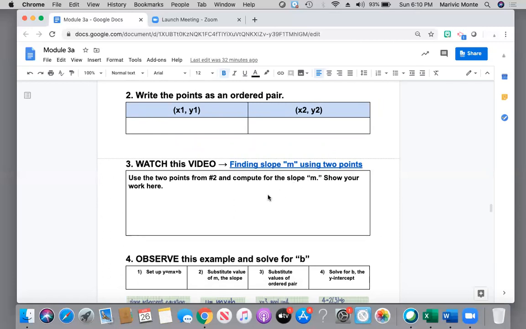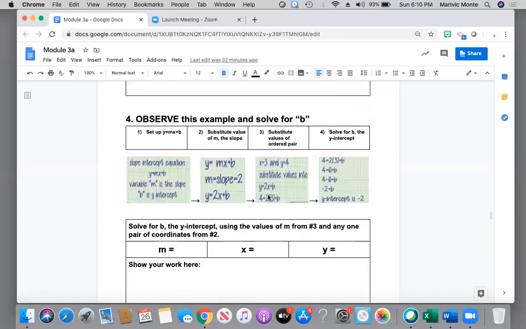And you need to show your work here. And this is just a guide on how you solve for b, which is the part of the y equals mx plus b equation, the y-intercept. So here is again a guide.